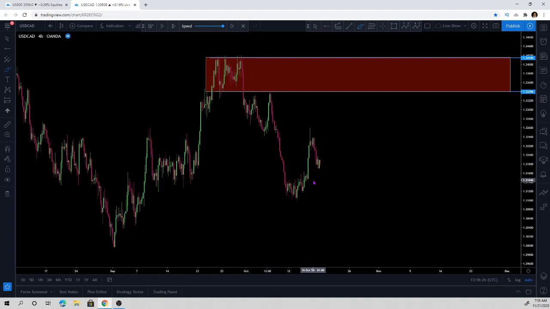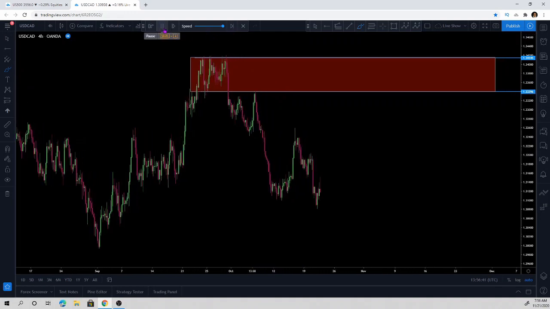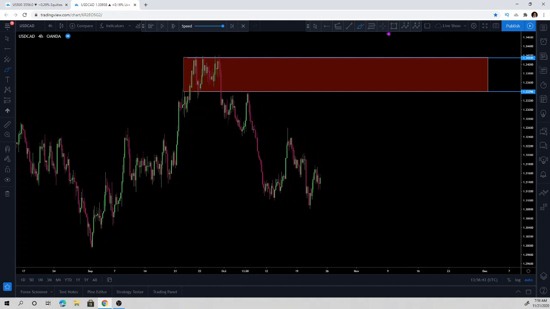So it's very plausible that when we come to retest this zone, this is the level that we are going to be retesting, making our stop loss a little bit tighter. Right, so let's go ahead and let's see what happens. So price continues to go down, right?